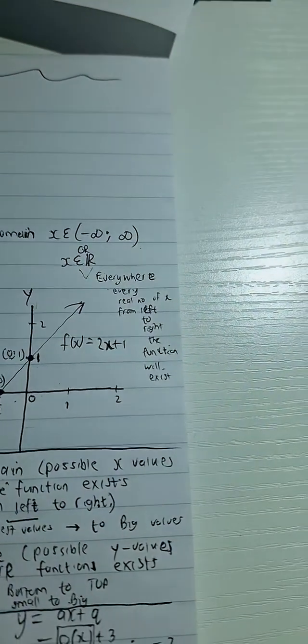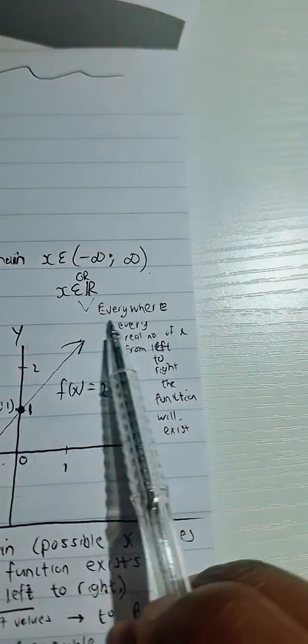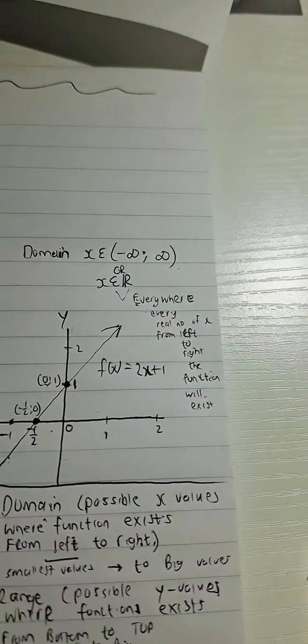Every real number of x from left to right, the function will exist. That's what it means. Element of real numbers to me speaks everywhere. It's like the long form of everywhere.